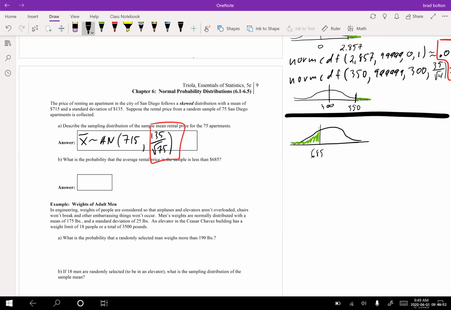Now, again, this is for the mean of the sample. So we're going to just do normal CDF. So we could convert it to a z-score, but why do it if we have the technology? Let's just jump right into it. We're going to do negative 99999, 685, comma, 715, comma, 135 divided by square root of 75. Let's see what we get on our calculator.